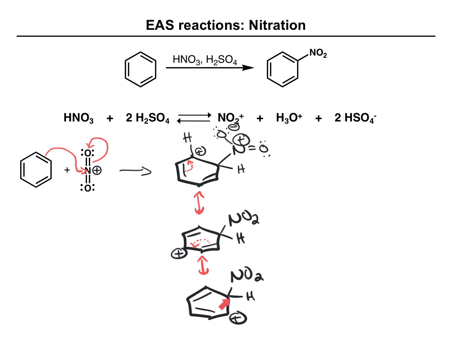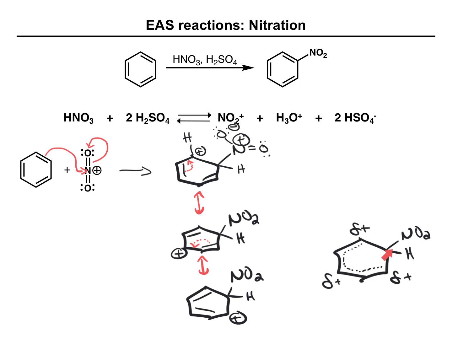So our pi system can't extend to this carbon, but if we were to draw the resonance hybrid, we have partial double bond character here, here, here, and here. We have partial plus at these two positions and this position. So our pi system, while it's not delocalized all the way through the ring, it is delocalized over these carbons, and the partial positive charge is shared.